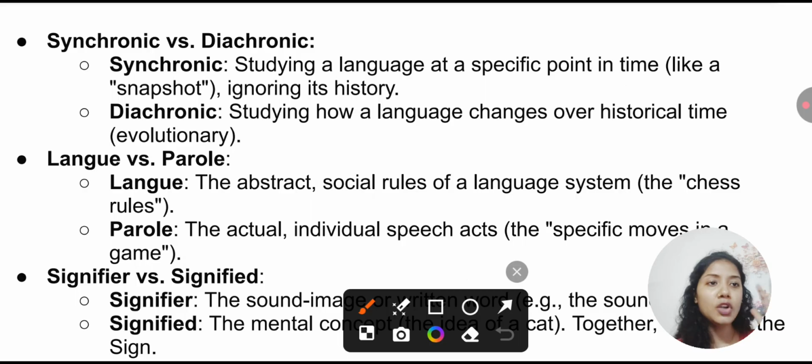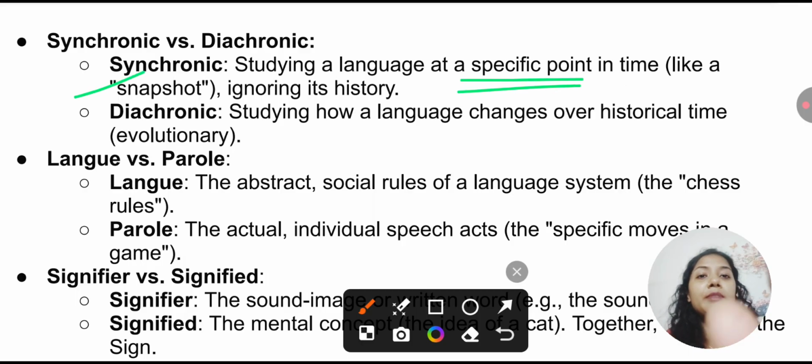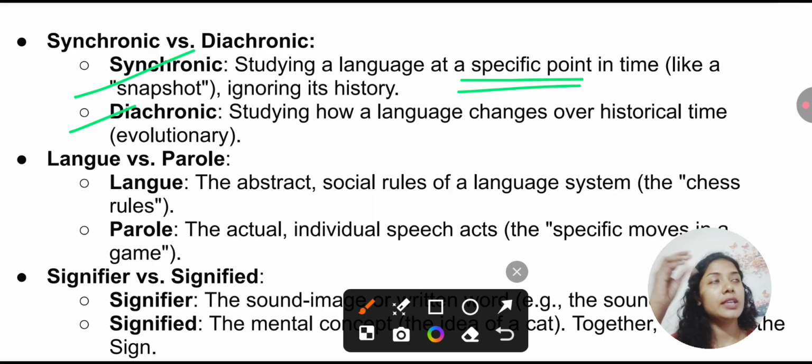You have not heard it used in ancient times or in the historical period, right? Gen Z is a word that modern people use. So that is a specific point in time: synchronic. Diachronic is the evolution or the changes in a language; you will find the changes over time. So remember, diachronic is related to the evolution of language over time or the historical period. So that is synchronic and diachronic.